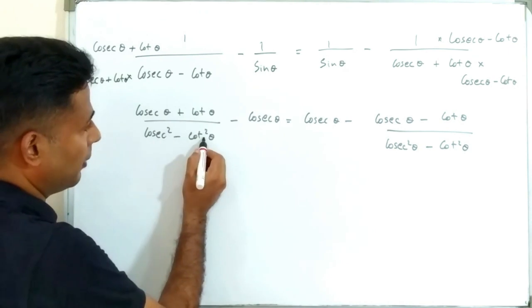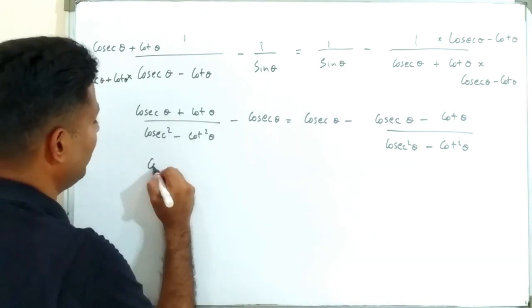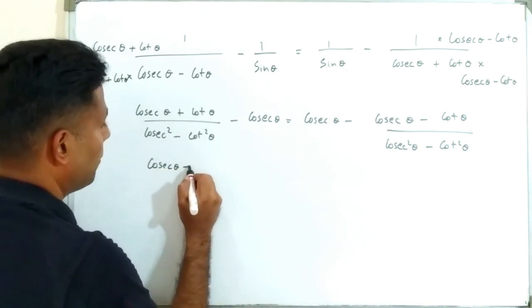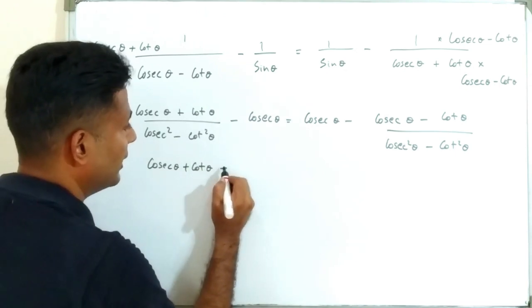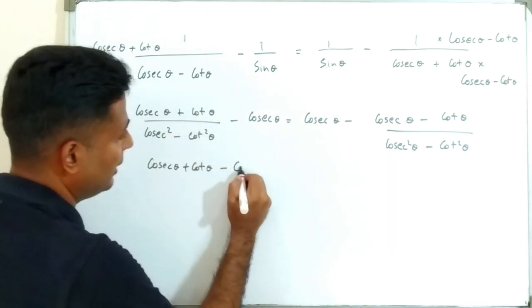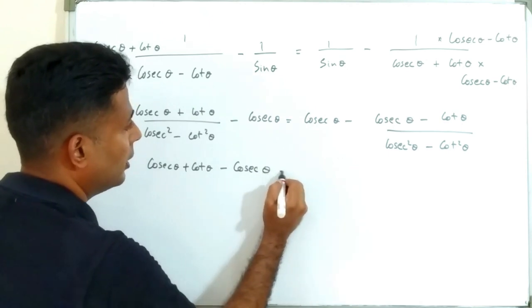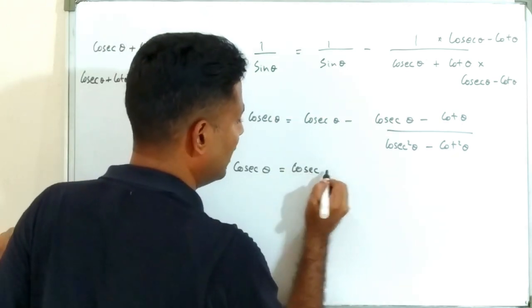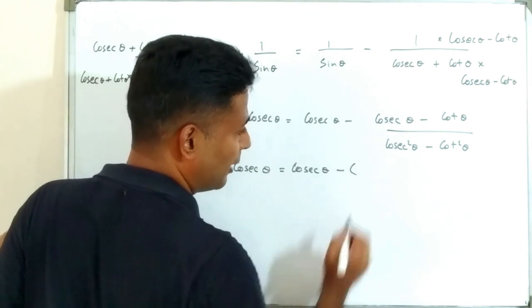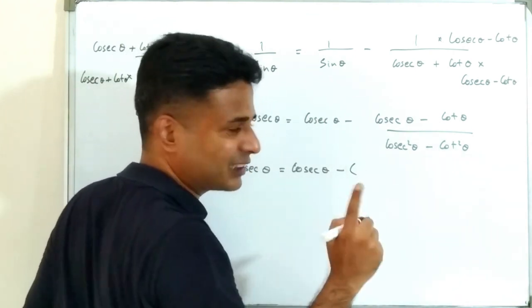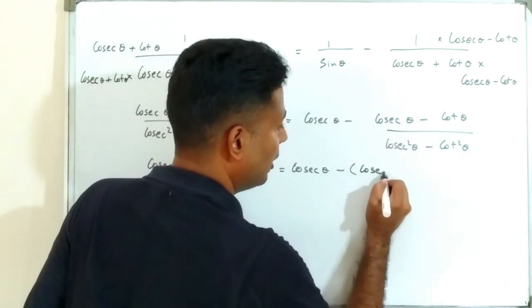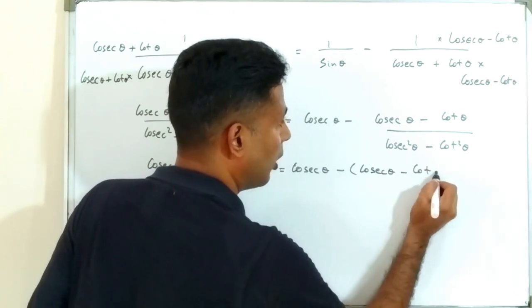Now cosec square theta minus cot square theta is 1. So what do I have? Cosec theta plus cot theta minus, this becomes 1. So directly cosec theta equal to, similarly cosec theta minus, since minus is there I'll put bracket, cosec square minus cot square is 1. So what is remaining? Cosec theta minus cot theta.